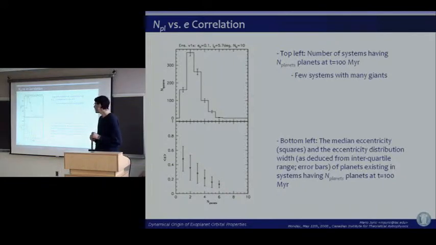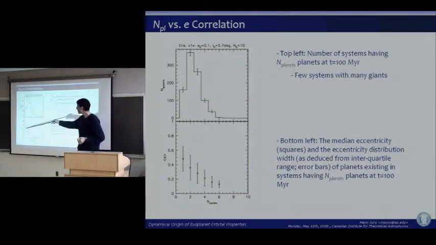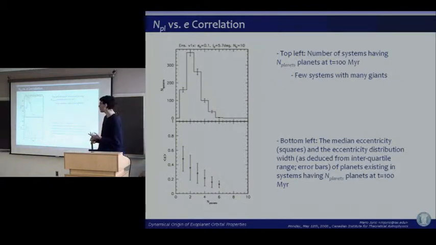So if you see a planetary system with 4 planets, on average it is going to have lower eccentricities than a planetary system with 2 planets. Or alternatively, you can invert that and say, if you find a planet with an eccentricity of 0.5, then it has a low probability of having an additional second or third or fourth planet, and so on.